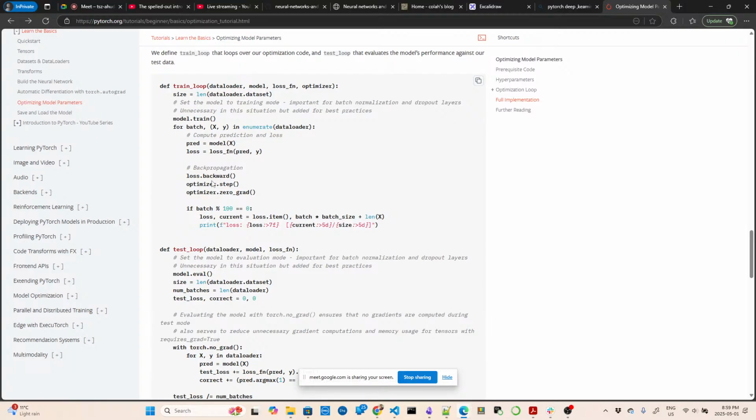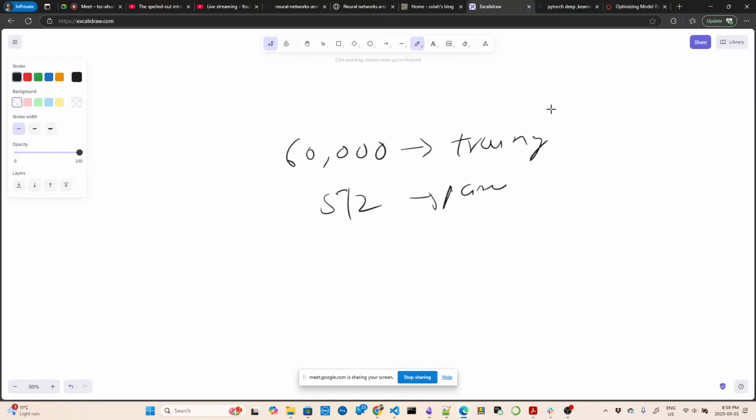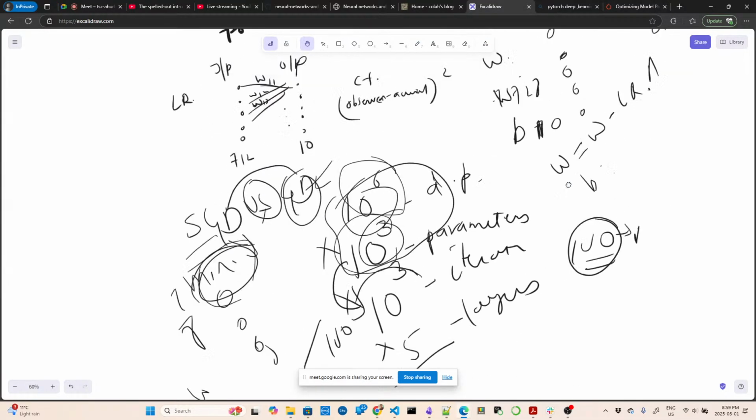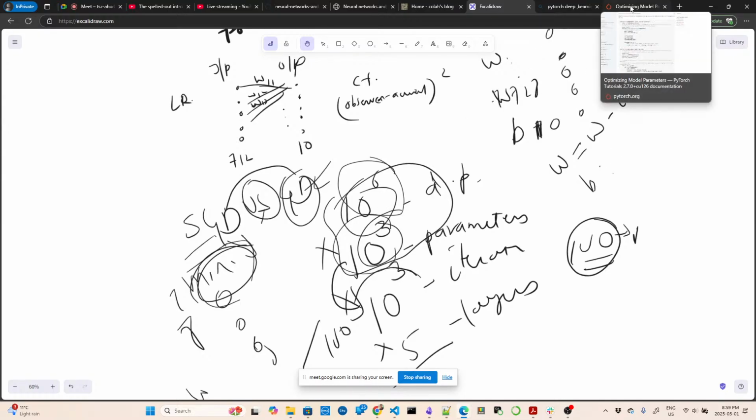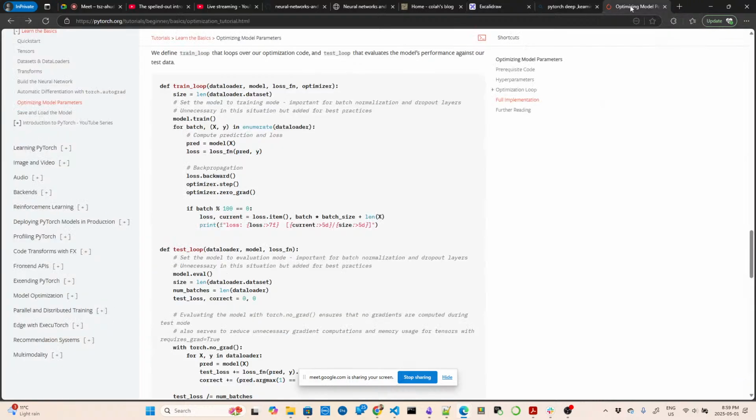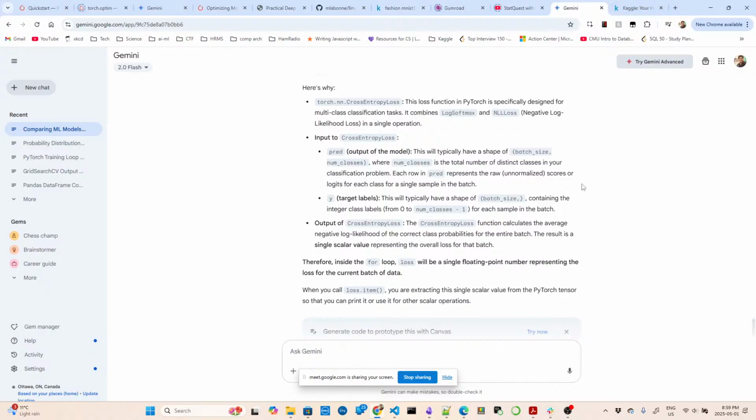back propagation. हाँ. नहीं वो मैं समझ गया. I'm trying to understand what is this loss for a batch of 64. That negative log function that he's saying.